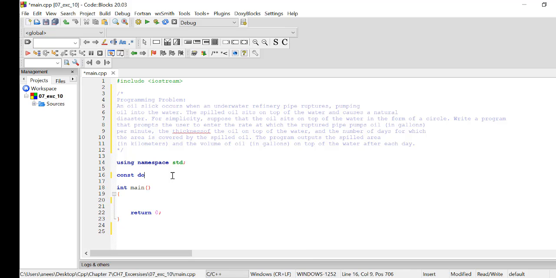So we need to write in constant double, actually you need to make these all caps, cubic centimeters in 1 gallon.